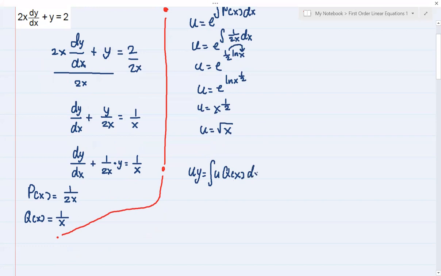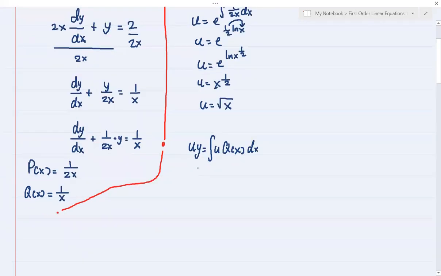Now your u is square root of x times your y is equal to the integral of your u, which once again is square root of x, times your q of x, which is 1 all over x.